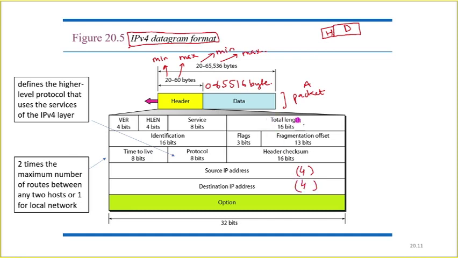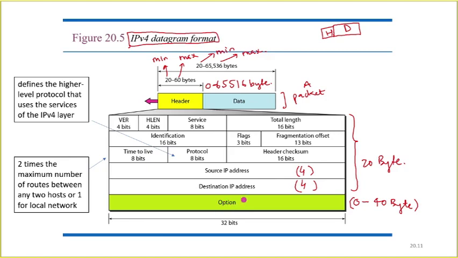So 20 bytes is the minimum size and the maximum is 60. How did this maximum of 60 come? The fixed part is 20 bytes, and then there are options. The options can range between 0 bytes and 40 bytes. As the name suggests, it is optional.